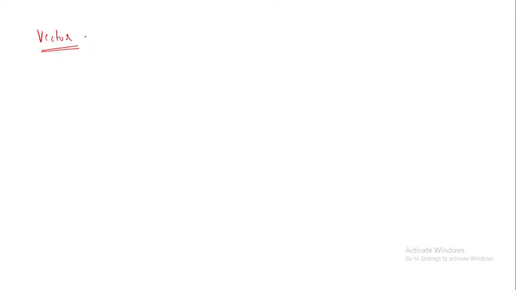Now if I want to use vectors in C++, I am supposed to include the header file #include <vector>. So this has to be included in the header, and the syntax is: I'll give vector, then the data type. The type is going to be integer, and a name has to be given. So this creates an empty vector of integers.